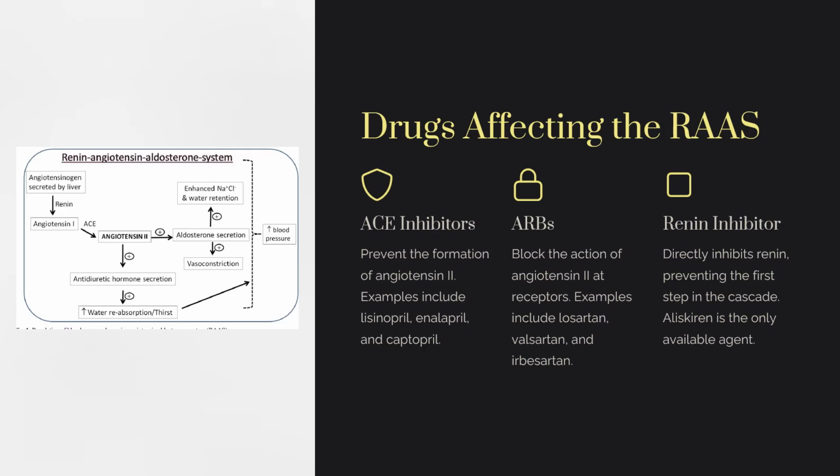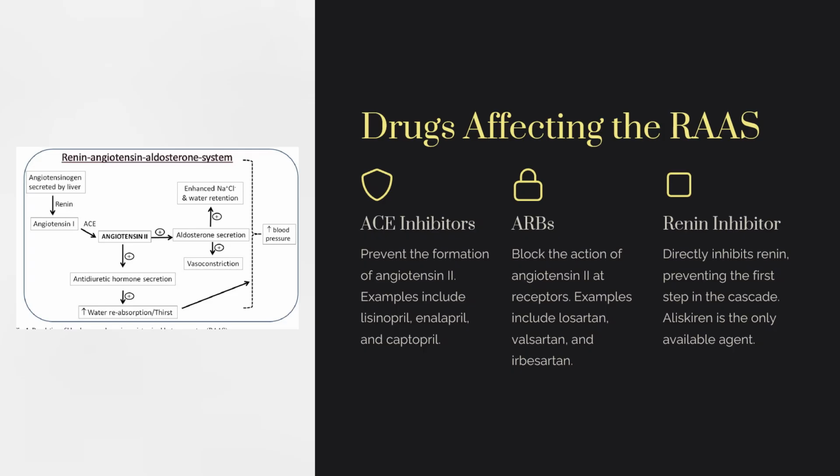Okay. All right. So I have a note here. I don't think this is the picture from your book, but on page 747, it shows where these different medications work. So some examples of ACE inhibitors: lisinopril, enalapril, and captopril. What do you see there? Pril, okay? Most of the time, if you see pril, that is an indicator that that is an ACE inhibitor.